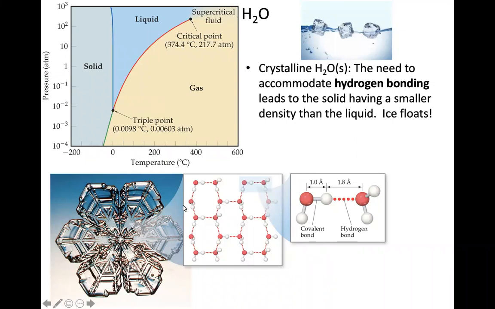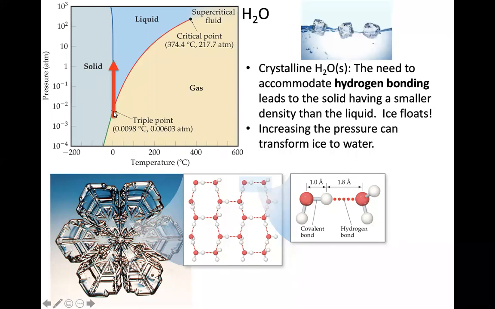That gives it a particular structure. And it turns out for H2O, in order to accommodate this, the solid has a smaller density than the liquid. Ice floats, right? We've experienced that all the time. That's not the norm. Usually, when you have a solid, it would sink to the bottom of the liquid, but ice is unusual in this respect.